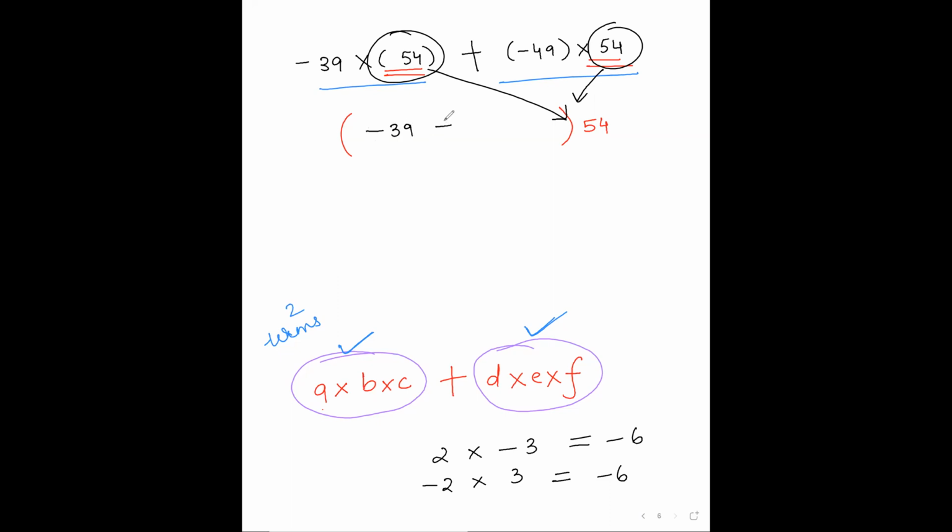Minus 39 plus minus 49. What is minus 39 plus minus 49, Hiba? Minus 39 minus 49, and the whole thing multiplied by 54. What is minus 39 minus 49?